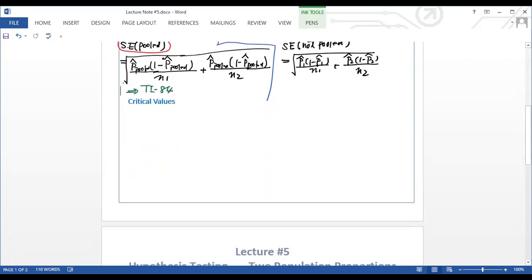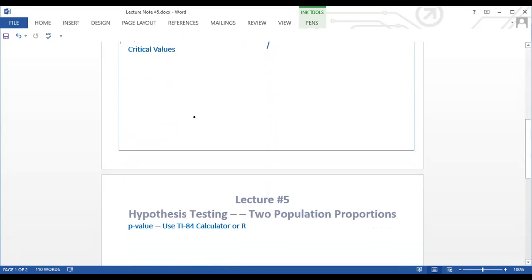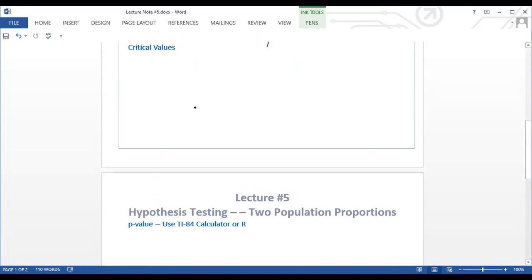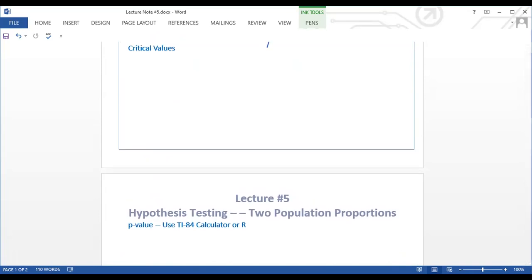Okay, now let's take a look at the critical values. This is the z-test, so the critical value is just like we did for the one tail, the same.